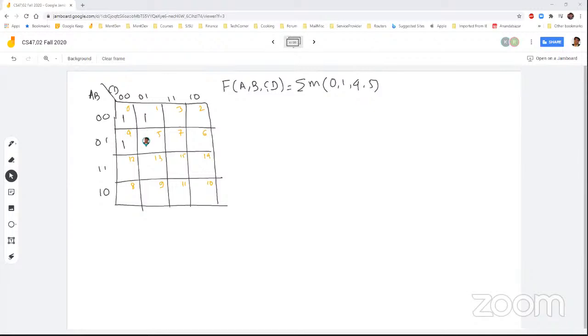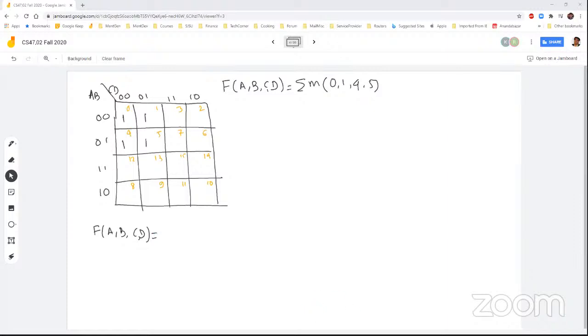Okay. So K-map reduction is all about visually looking at the table and writing down the reduced form directly without thinking of any identity formulas or anything.